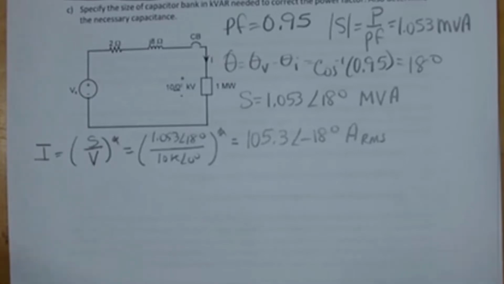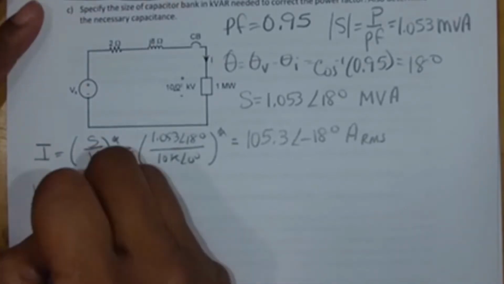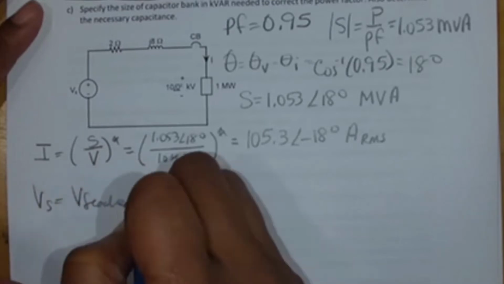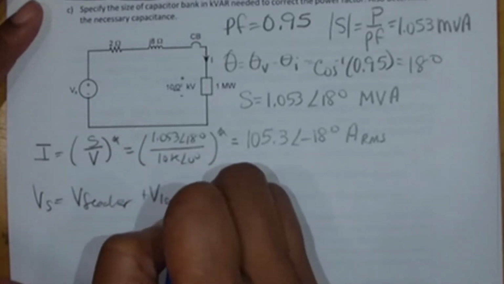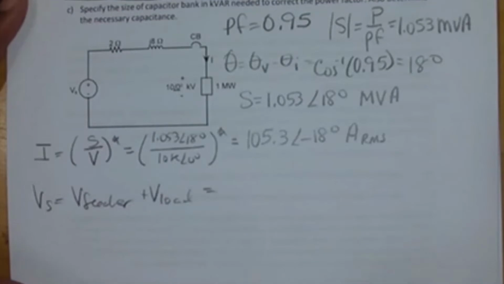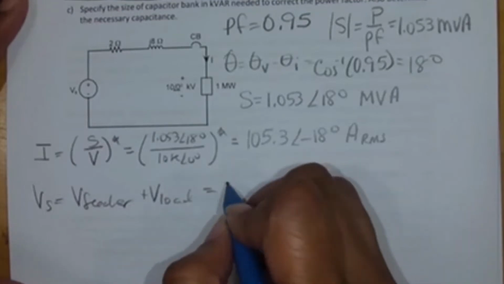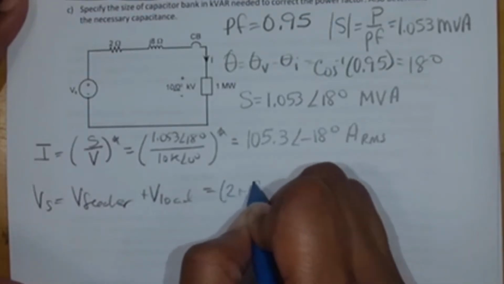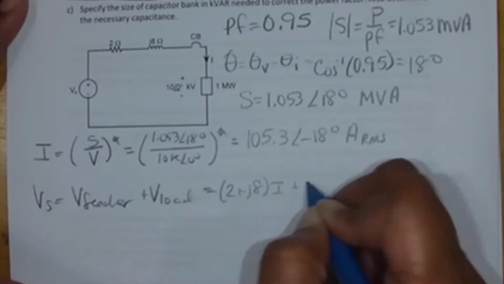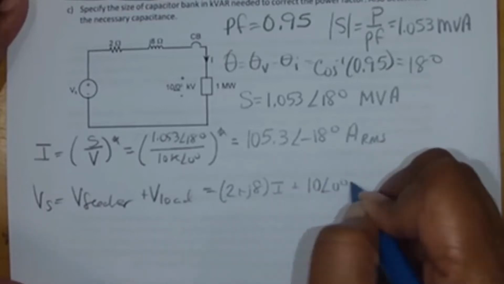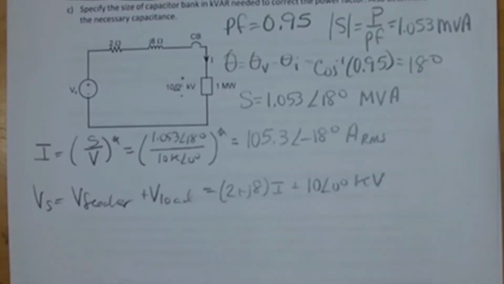So now our new voltage is Vs equals the voltage at the feeder plus the voltage at the load. So that's going to be 2 plus J8 times I plus 10 with an angle of 0 degrees kilovolts.